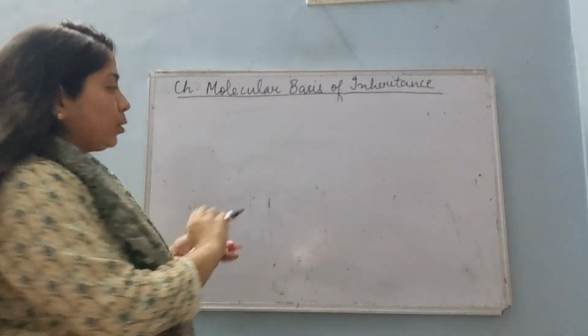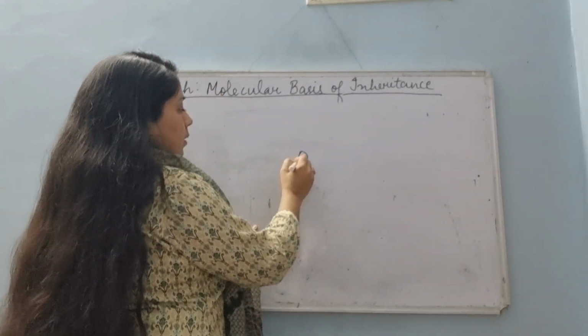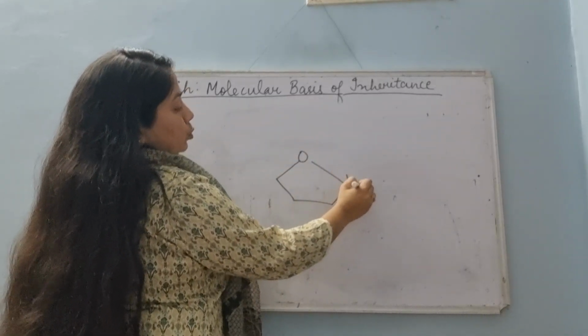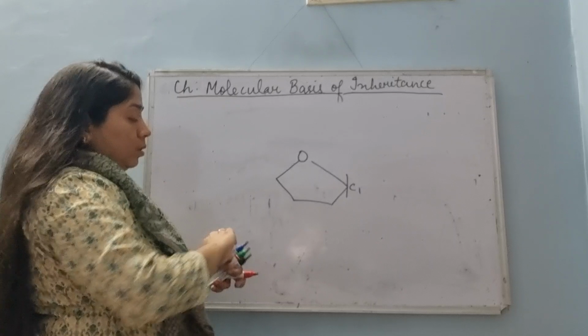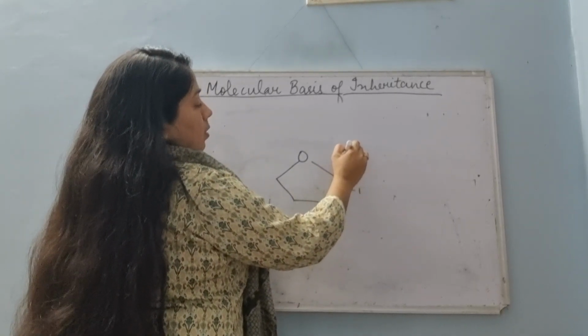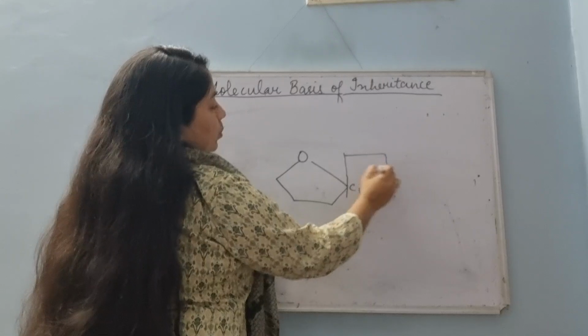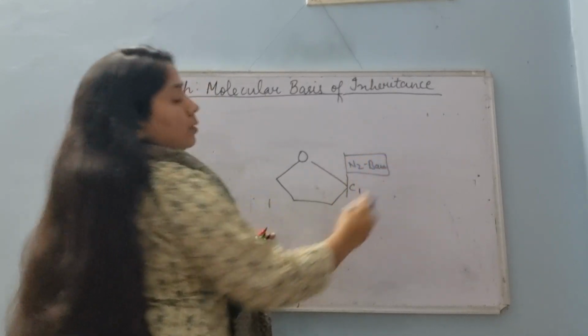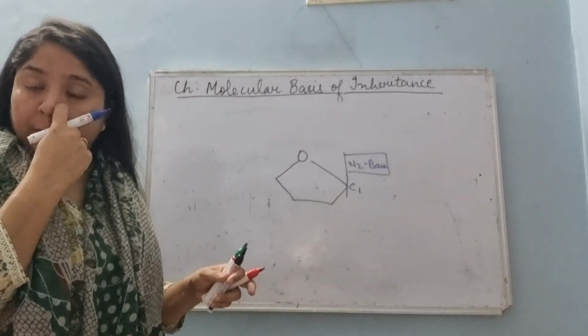This is pentose sugar, and this is its carbon position 1. On carbon position 1, nitrogenous bases are attached. It may be adenine, guanine, cytosine, thymine or uracil.